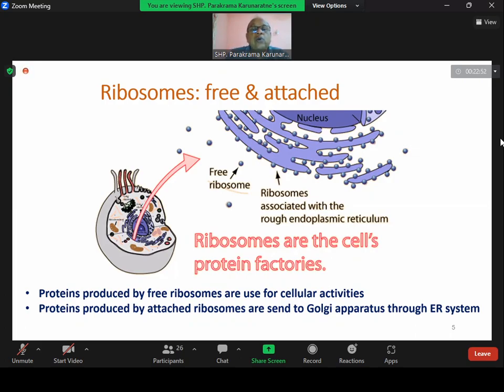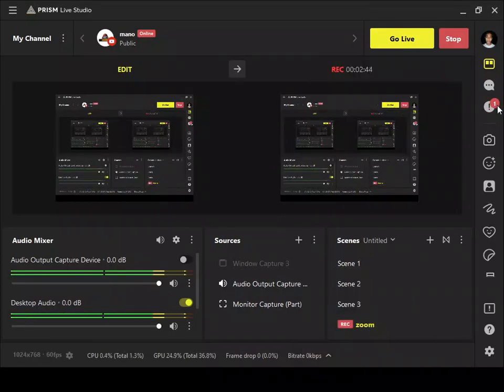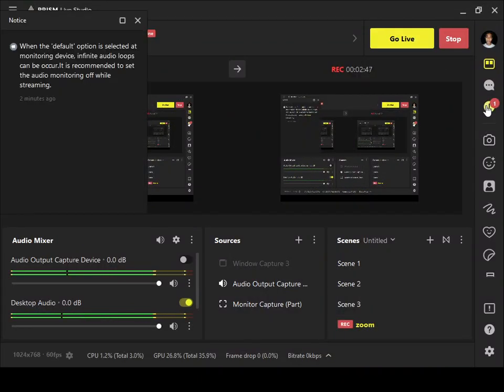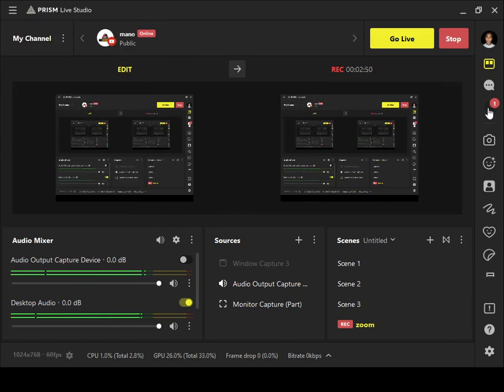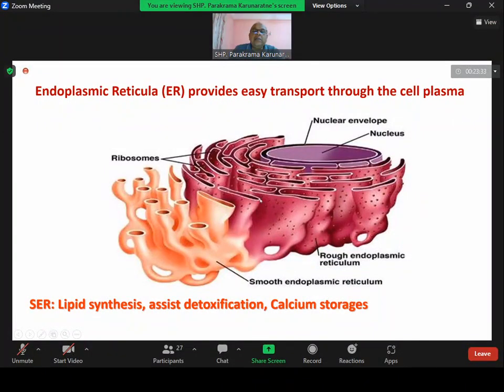There are free ribosomes in the cytoplasm, and they produce proteins that are used for cellular activity. But there are ribosomes attached to the endoplasmic reticulum, or ER, and these are called attached ribosomes. Endoplasmic reticula are like the road system inside the cell.